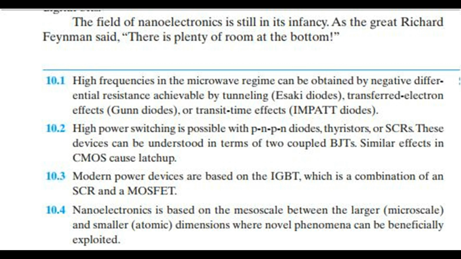These devices can be understood in terms of two coupled BJTs. Similar effects in CMOS cause latch-up. 10.3 Modern power devices are based on the IGBT, which is a combination of an SCR and a MOSFET. 10.4 Nanoelectronics is based on the mesoscale between the larger, microscale, and smaller, atomic, dimensions where novel phenomena can be beneficially exploited.